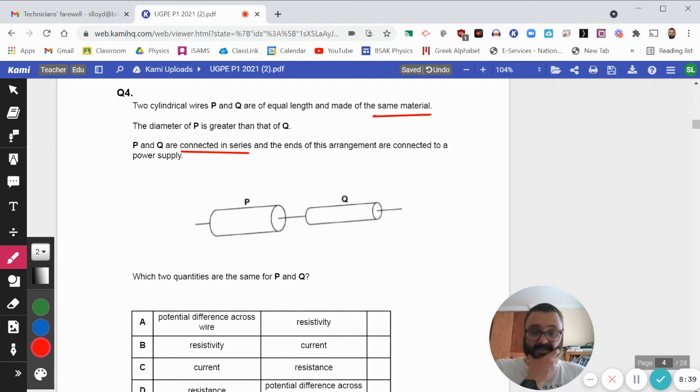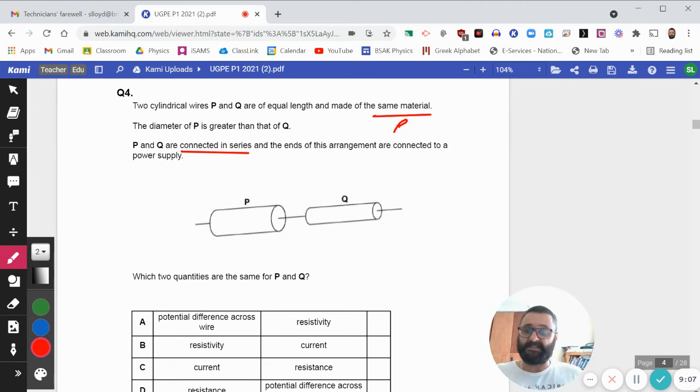Those two facts tell us, well, if it's the same material, it's going to have the same resistivity, isn't it? Because remember, resistivity is a quantity for a material. It's like Young modulus. It's independent of the dimensions of the conductor. It's only specific to the material. Okay, so resistivity is going to be the same.